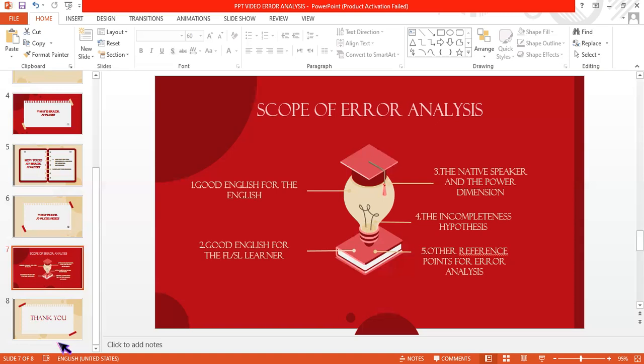The fourth is the incompleteness hypothesis. The error analysis hypothesis is that first language acquisition is similar to second language acquisition. This is based on the idea that learning is a creative process. The learner has an innate grammar, with the help of which he uses certain strategies for learning the language.